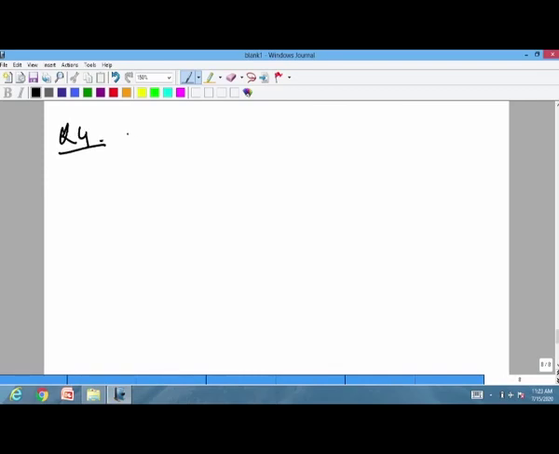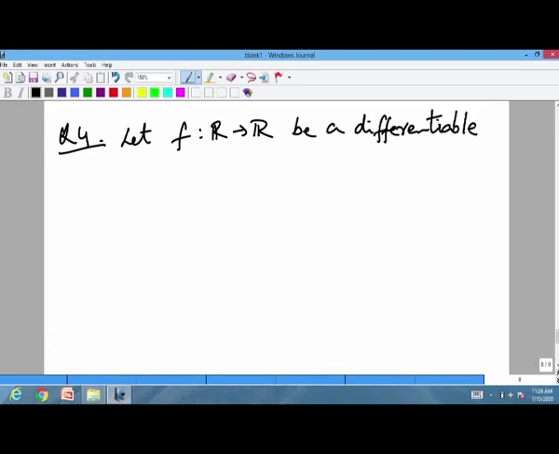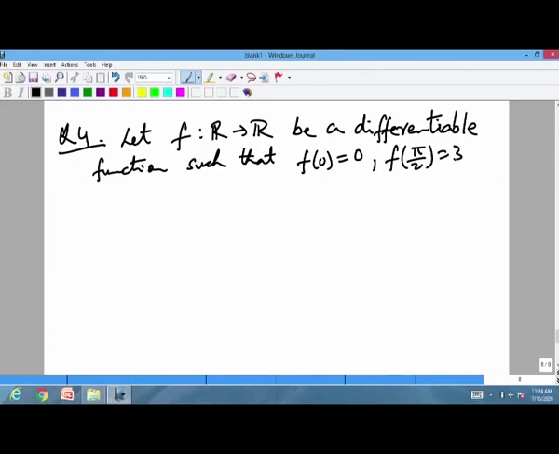The problem says that let f from R to R be a differentiable function such that f of 0 is equal to 0, f at pi by 2 is equal to 3, and f prime at 0 is equal to 1.